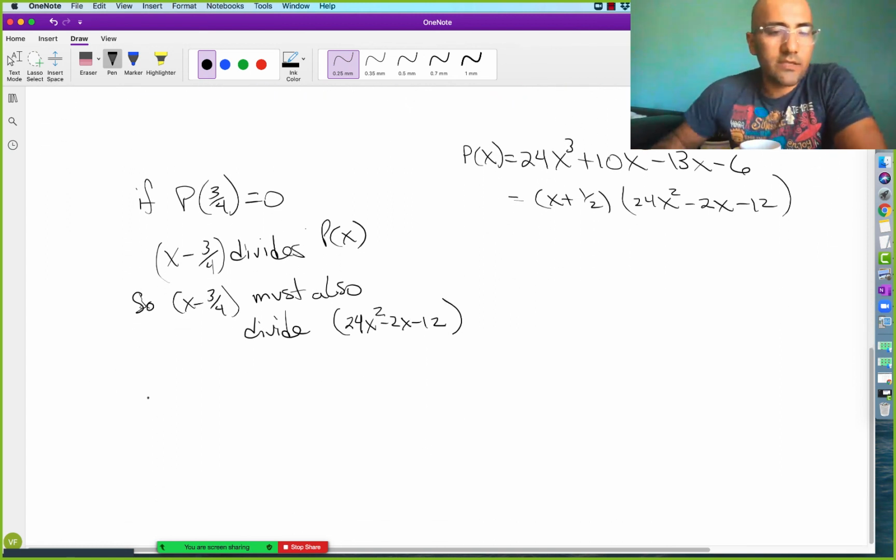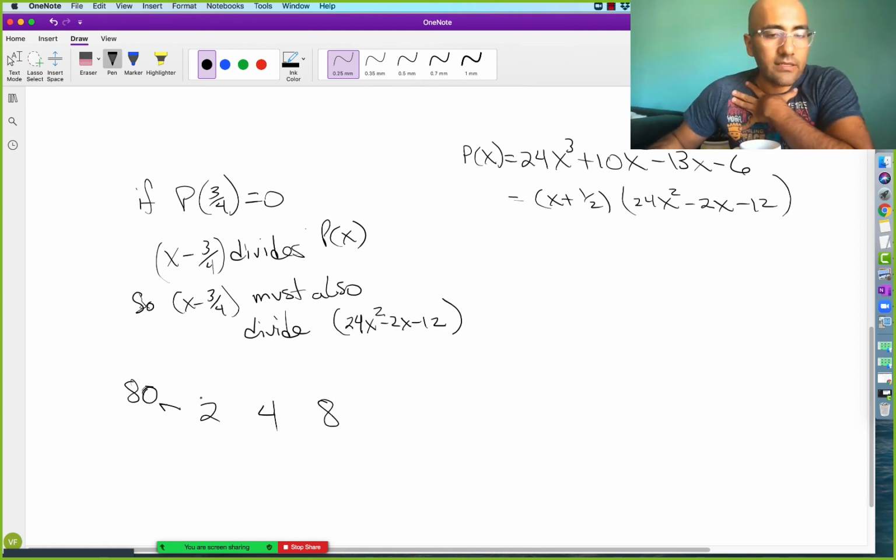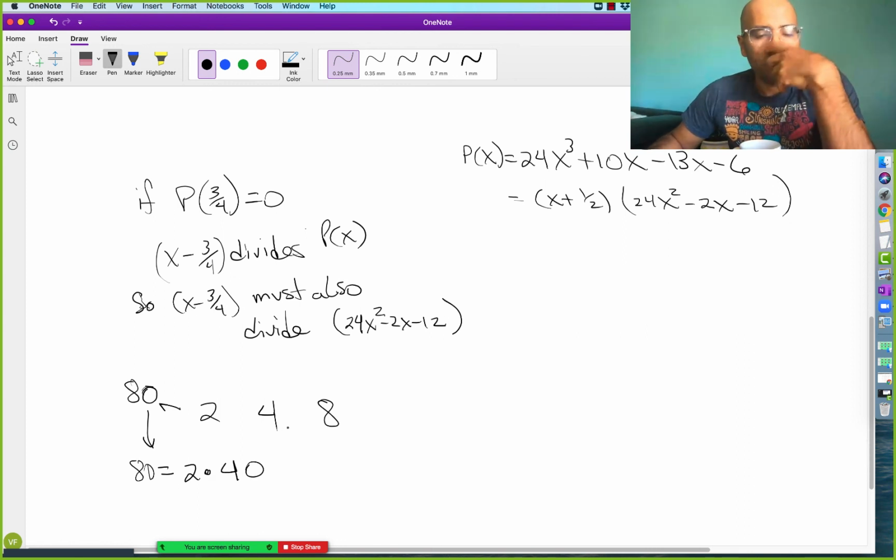Why is that? Consider this. Let's say I have 80, and I told you that 2 divides 80, 4 divides 80, 8 divides 80, right? These are all the divisors of 80. Okay, so then if I break this up, I actually use the 2, then that means that 80 equals 2 times 40, but also 5 was a factor of this thing, right?